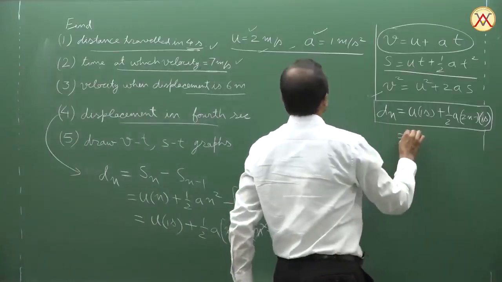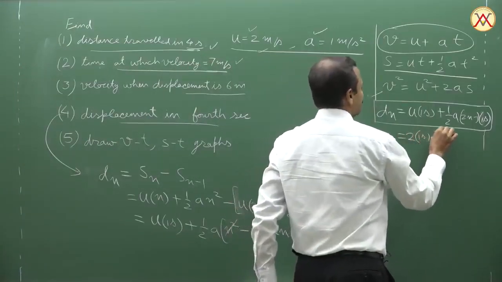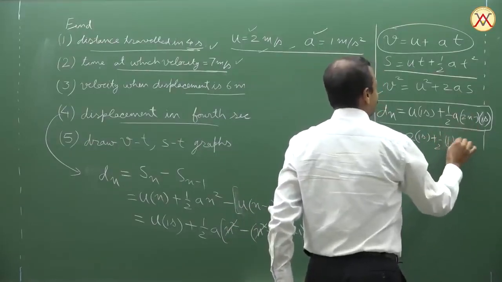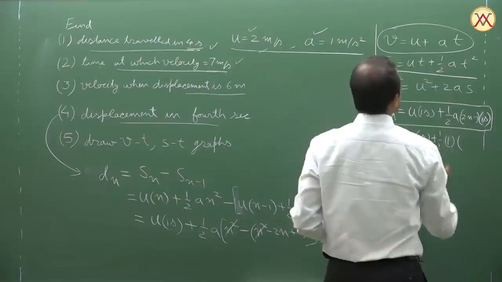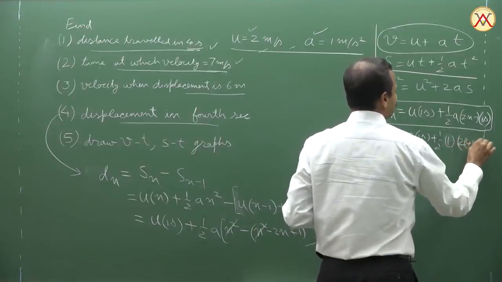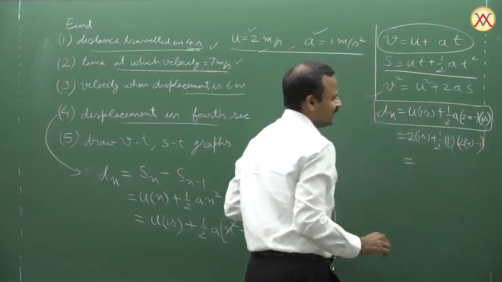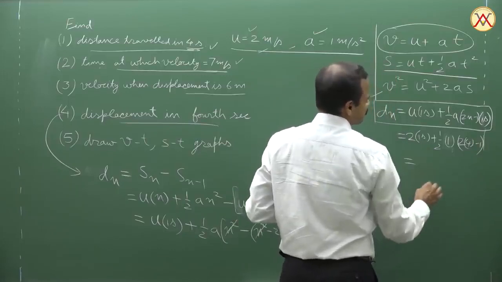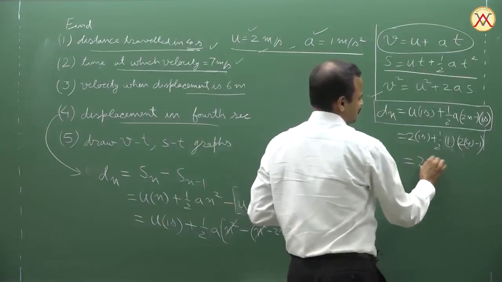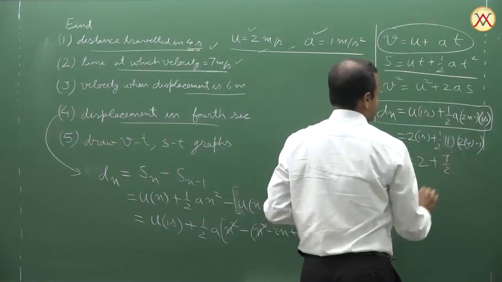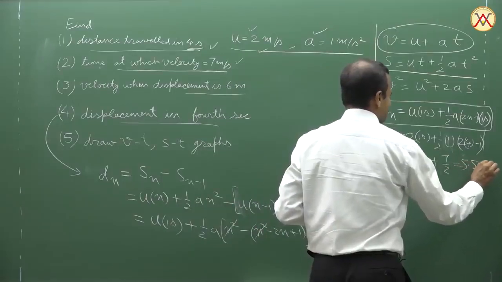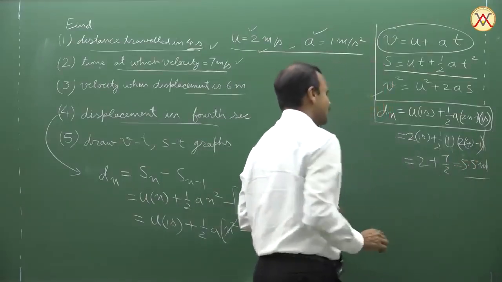So it becomes 2 into 1 second plus half, acceleration is again 1, multiplied by 2n minus 1, n is 4, so 2 into 4 minus 1, and finally it becomes 2 plus 7 by 2, so this is 5.5 meters. So this is the displacement in the fourth second.